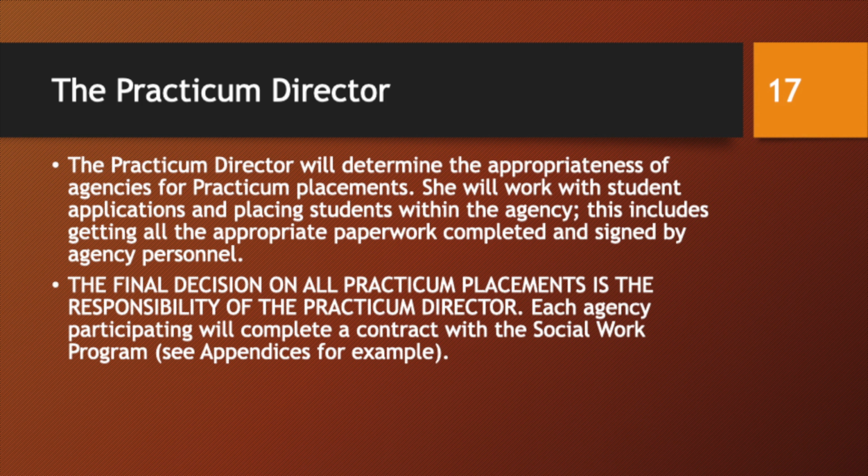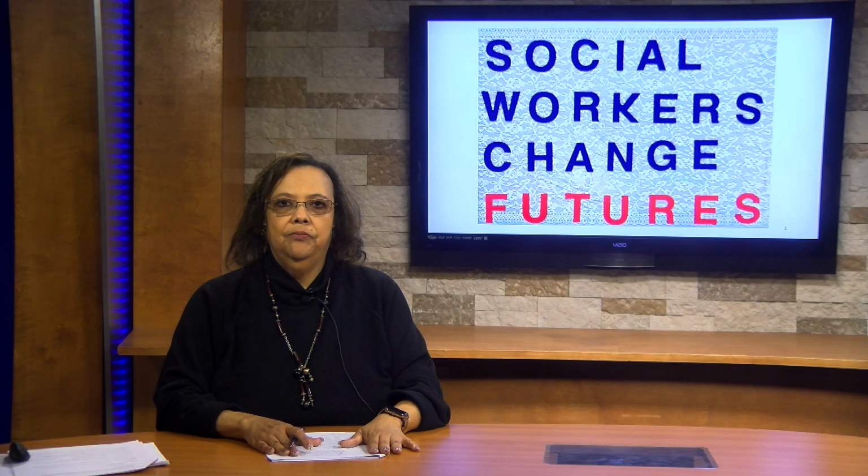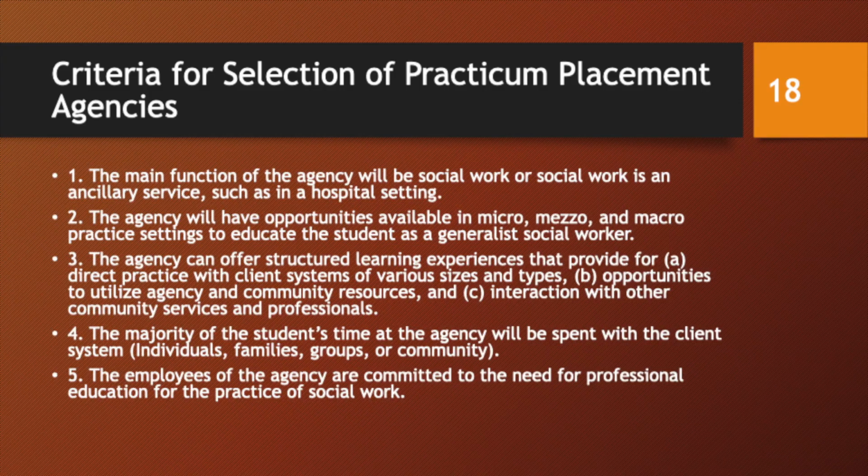Each agency participating will complete a contract with the social work program. This contract is called an affiliation agreement. The following criteria will be used in the selection of practicum placement agencies.